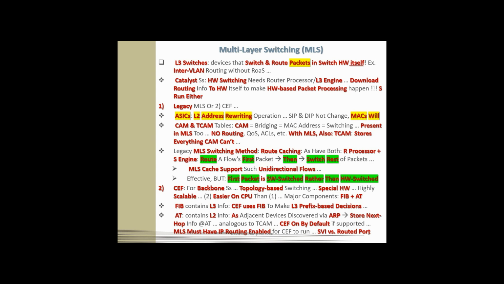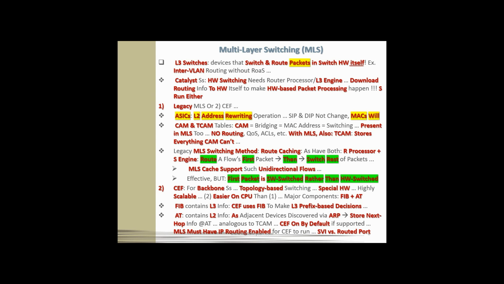FIB contains layer 3 information and is created from the IP routing table in another format. And AT or adjacency table contains all the layer 2 information that we need and is created via the ARP or address resolution protocol table.